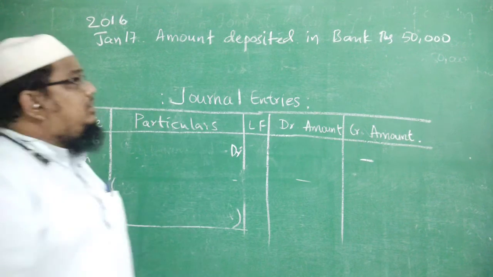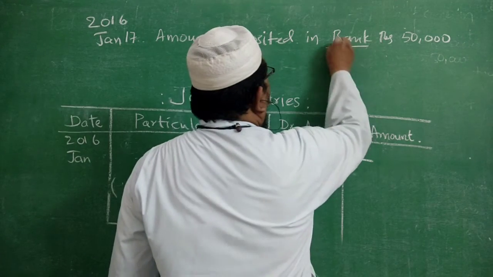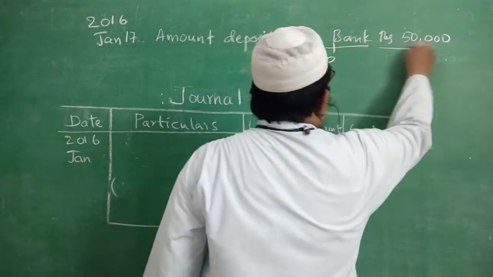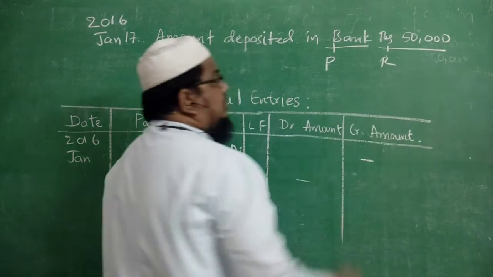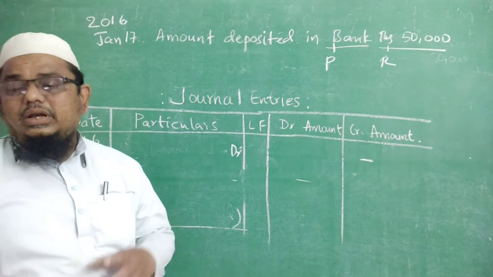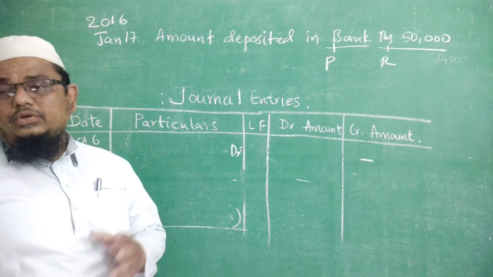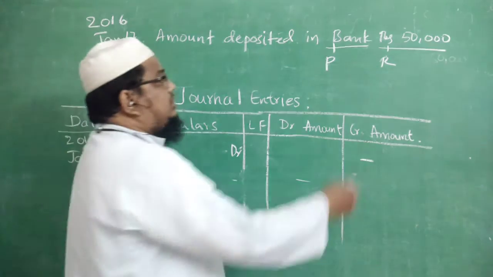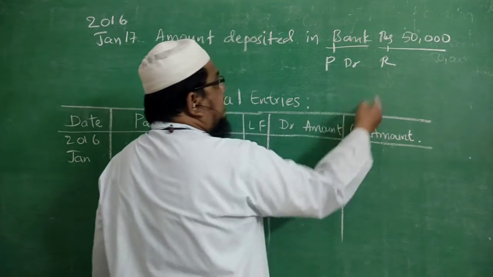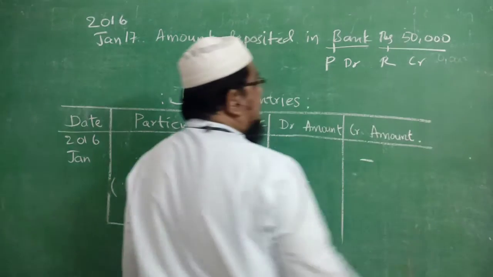So what does it mean? One is bank account, this is a personal account, and rupees 50,000 means cash. So this is a real account. Personal account rule: debit the receiver, credit the giver. So when we are depositing the amount, the amount is going to bank. Bank is the receiver, so debit. As the cash is going out, credit.